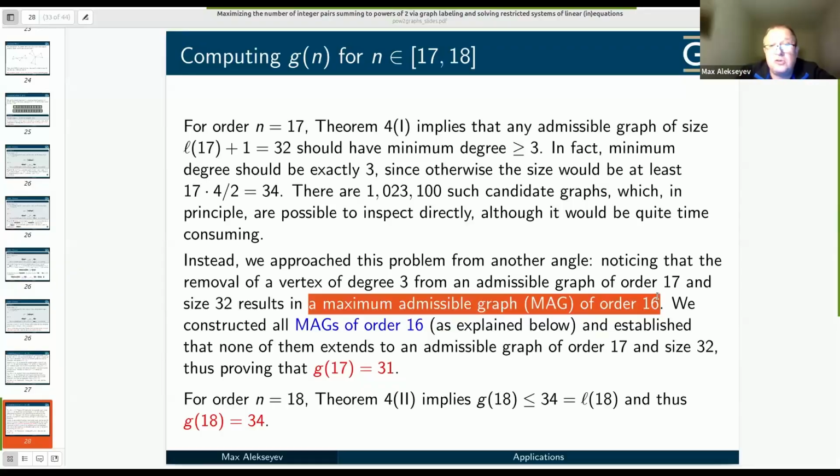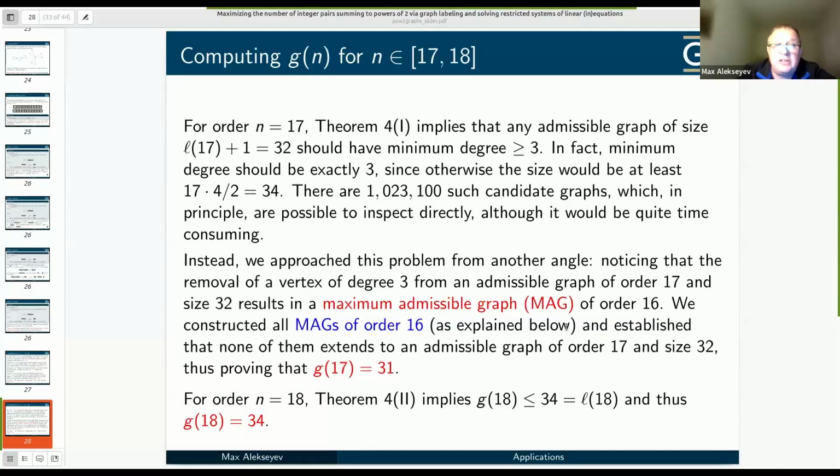So we constructed all those max graphs of order 16, added a vertex of degree 3 in all possible ways, verified that no admissible graph can be obtained this way, and so g of 17 is 31. The value for 18 we get for free again, because the upper bound matches the lower bound.